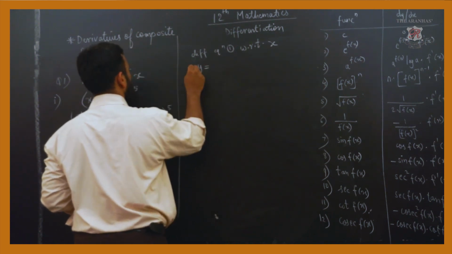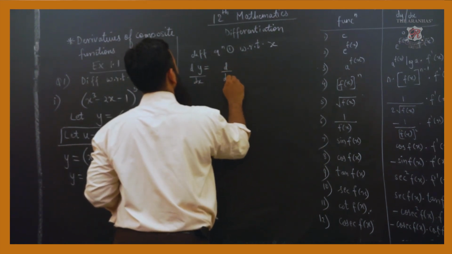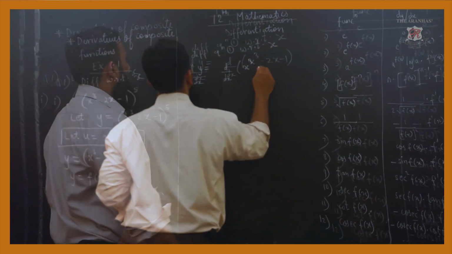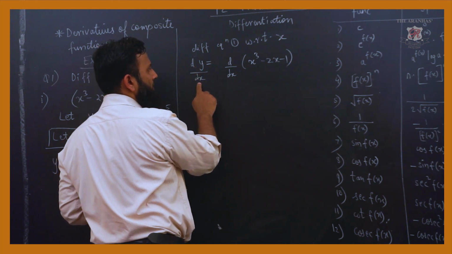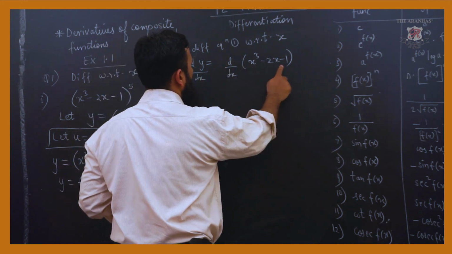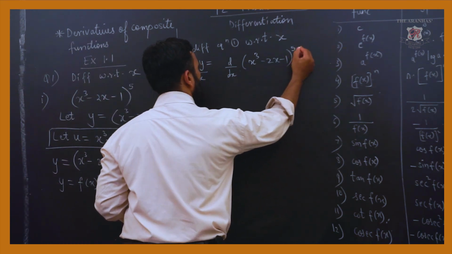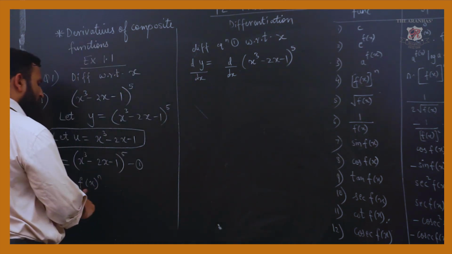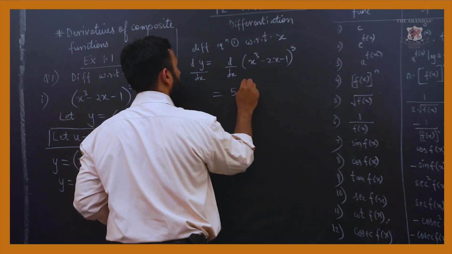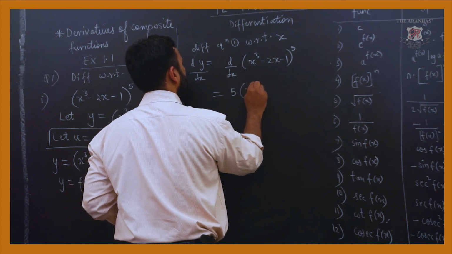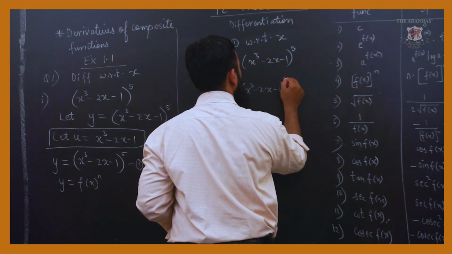Differentiating equation 1 with respect to x, we get dy by dx is equal to d by dx of the value of y, which is (x cube minus 2x minus 1) raised to power 5. Now as I told you, f(x) raised to n is n f(x) raised to n minus 1. So you can write it as 5 into (x cube minus 2x minus 1) raised to n minus 1, and 5 minus 1 is 4.